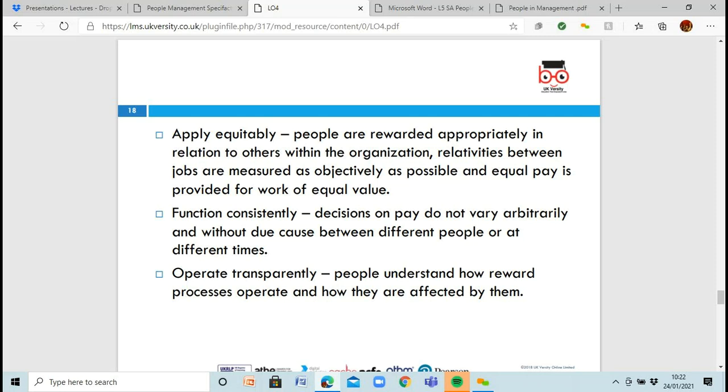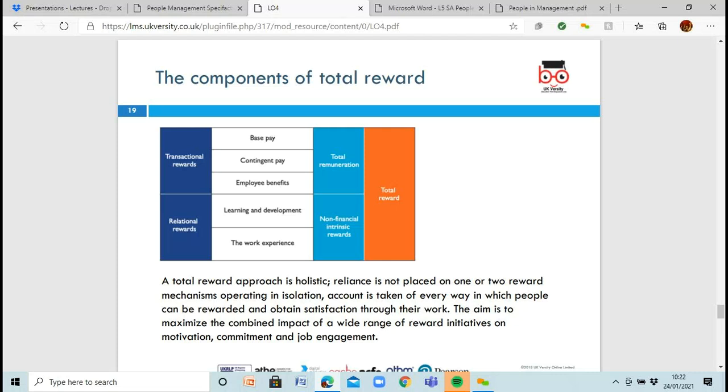It helps them to function consistently, so decisions on pay are not arbitrary, and they're not going to vary without due course between different people or at different times. And then you need to operate transparently, so understand how people process and reward them in accordance with that, and see how it will affect them.